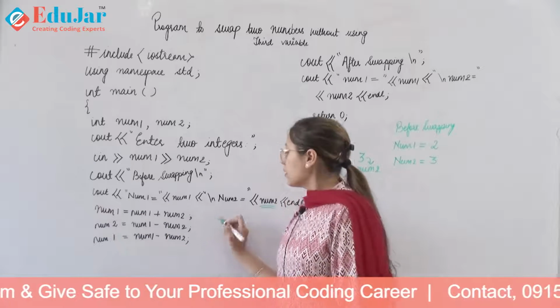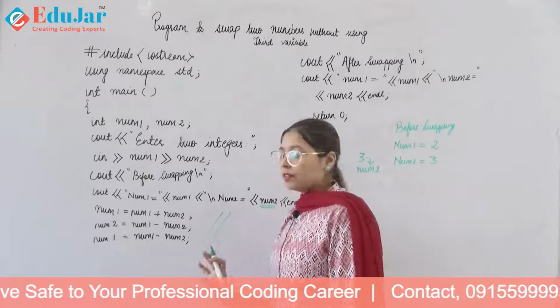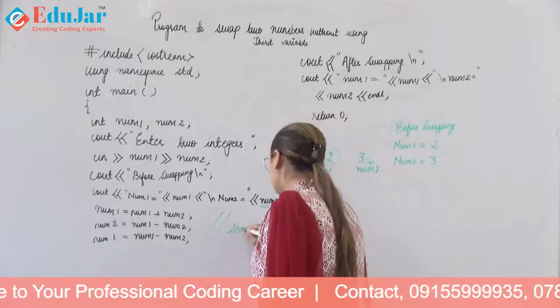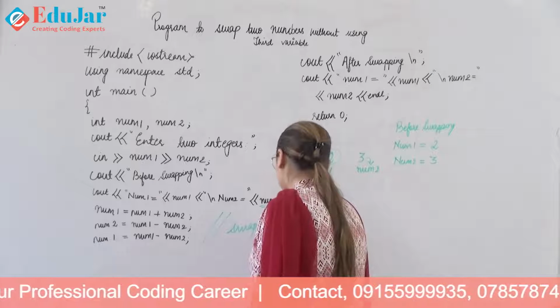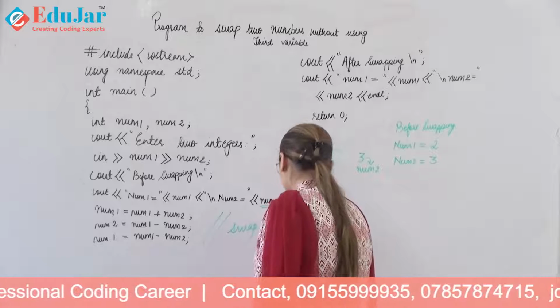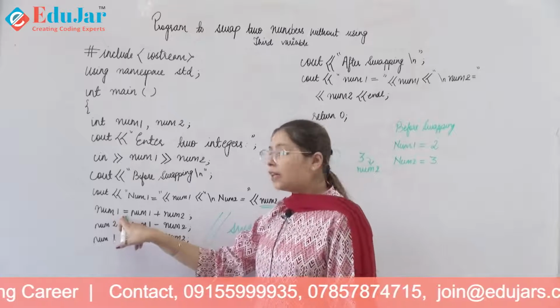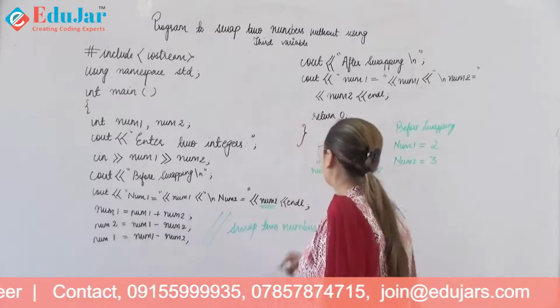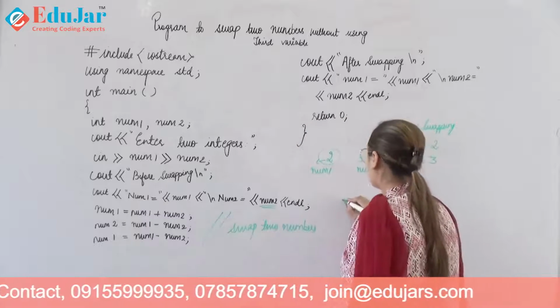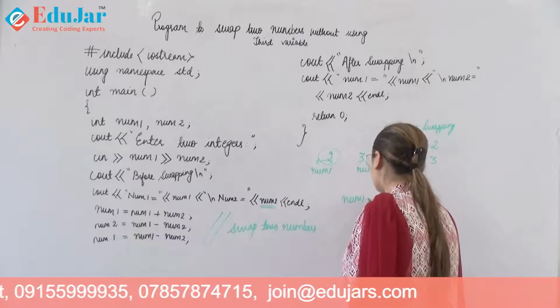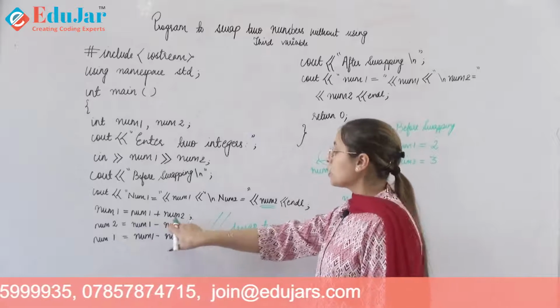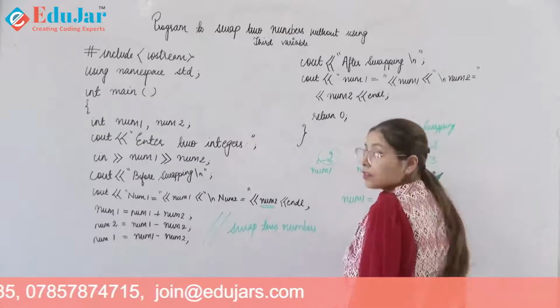Now this is the major part where we will swap two numbers without using a third variable. So num1 is equal to num1 plus num2. According to this, what is num1? 2. What is num2? 3.